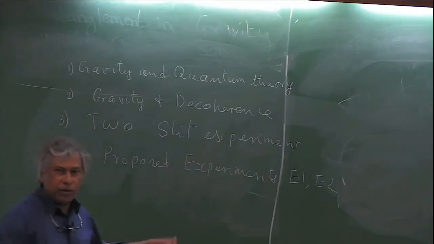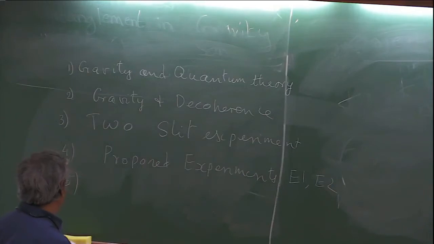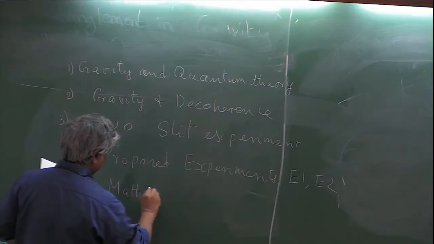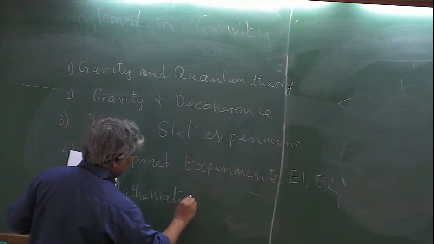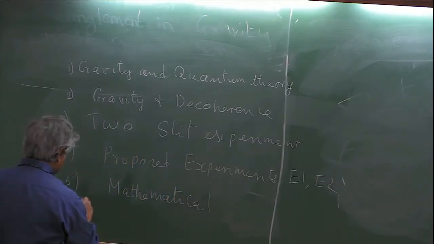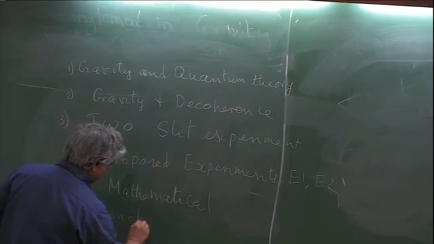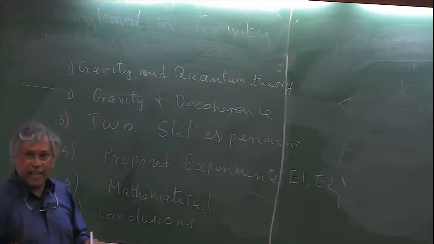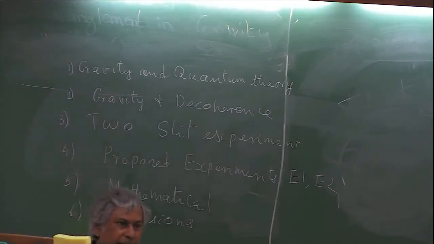So first I will talk about the experiments from a physical point of view, and then produce a mathematical argument, which is actually quite easy, to finally conclude that gravity does have something to do with decoherence. In other words, that gravity has the effect of undermining quantum mechanics in a certain sense of the term.